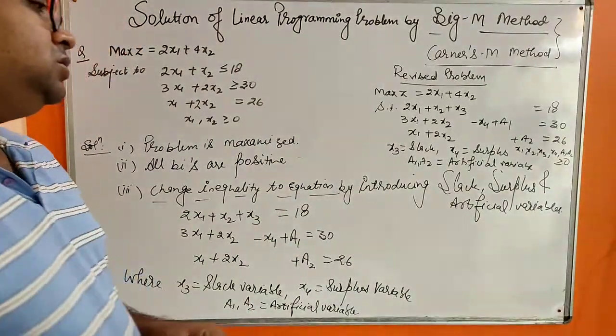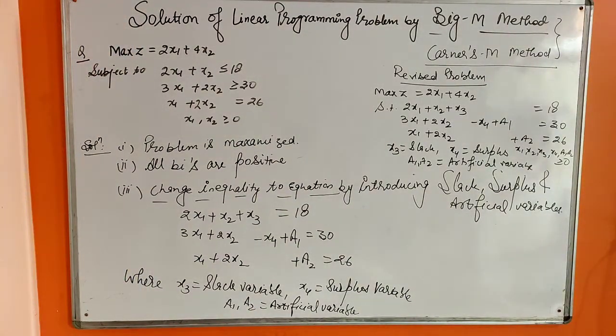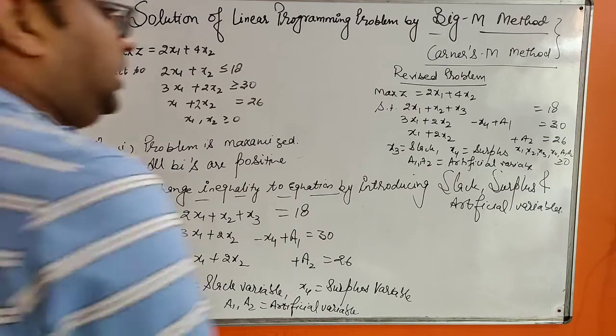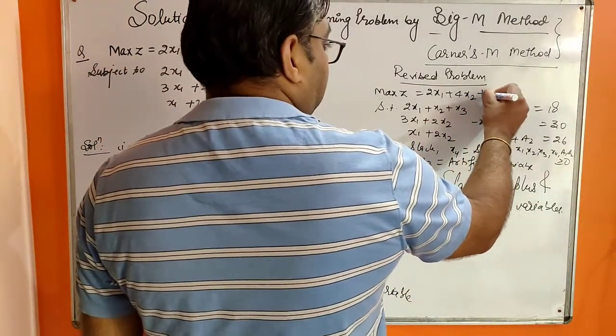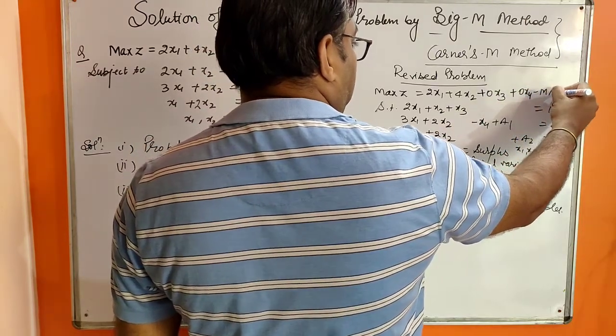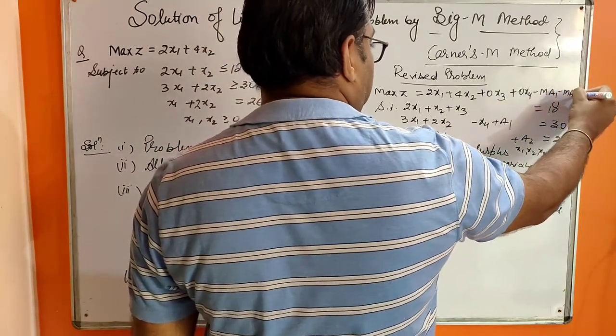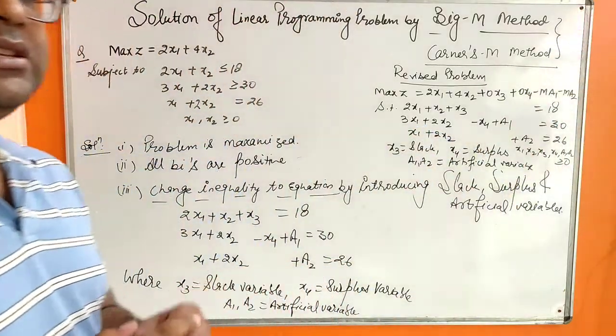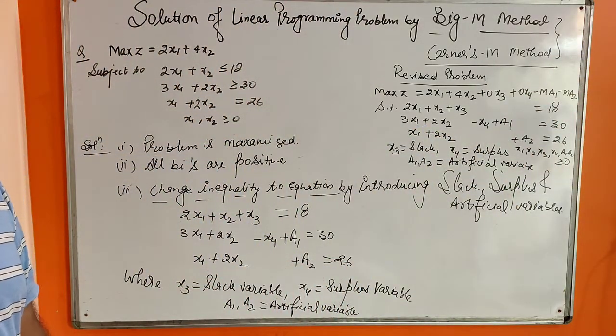The cost of the slack and surplus variables in the objective function is 0 and of the artificial variables is minus M, that is plus 0x3 plus 0x4 minus M a1 minus M a2, and this capital M is a very large positive number. So now we can make a starting simplex table.